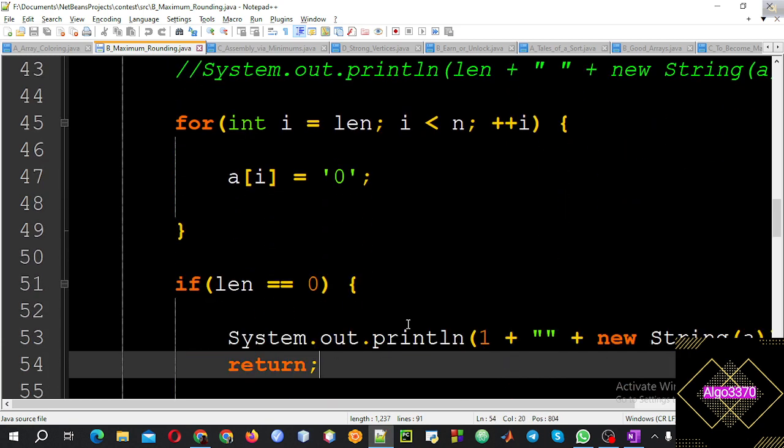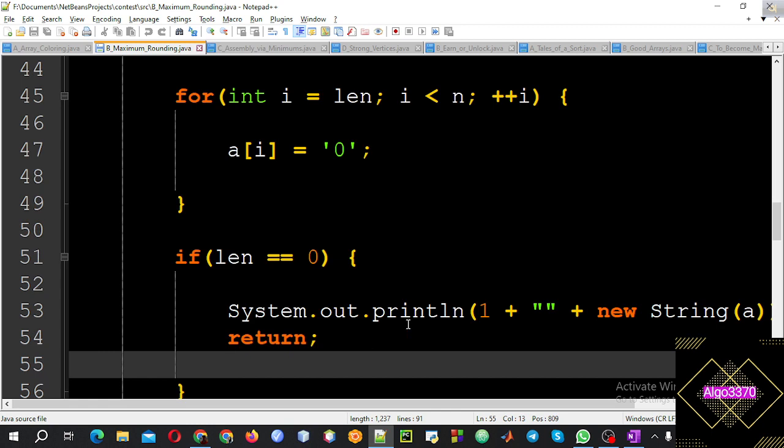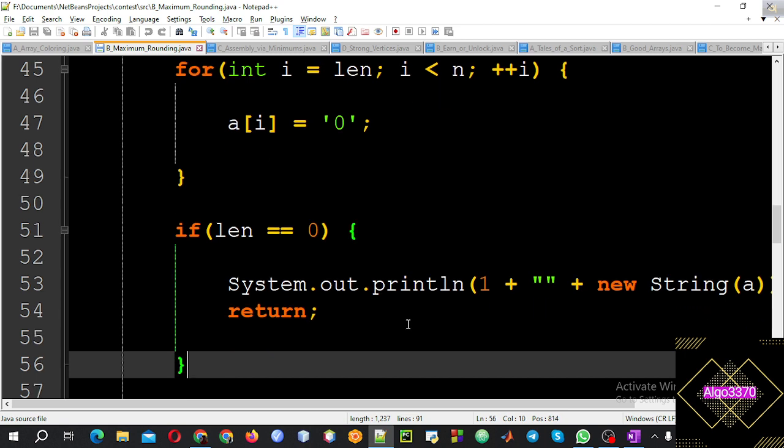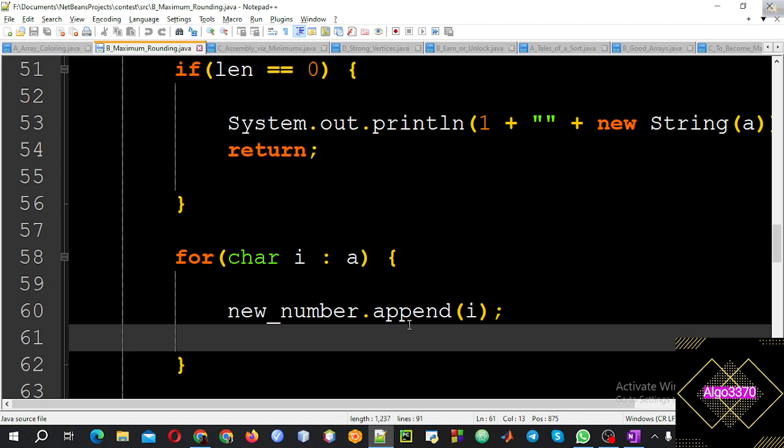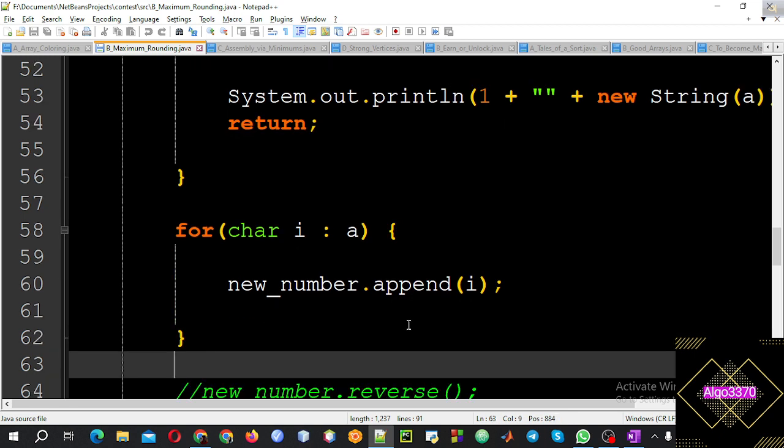And if len is 0, then we will just insert 1 at the leftmost position of that string and print the total string with all the rest set as 0. If this is not the case, we'll just print the number we get after our calculation. This is our main implementation of the problem.